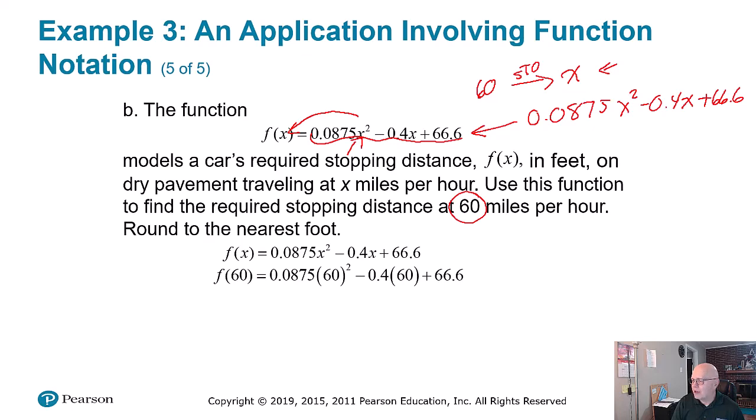You can do it manually. And with a little bit of simplification, we get about 358, or 357.6 to be more precise. From the graph we got about 360, which was a good estimate for using a graph like that.